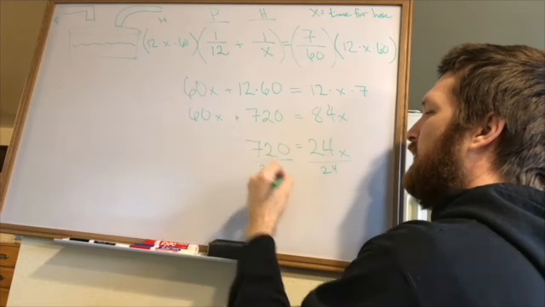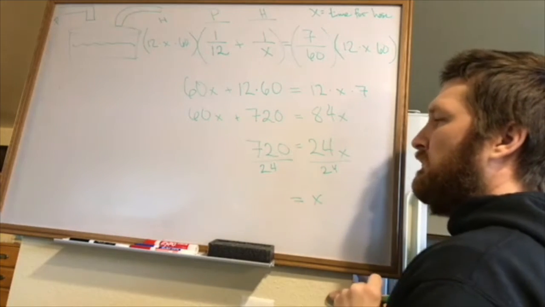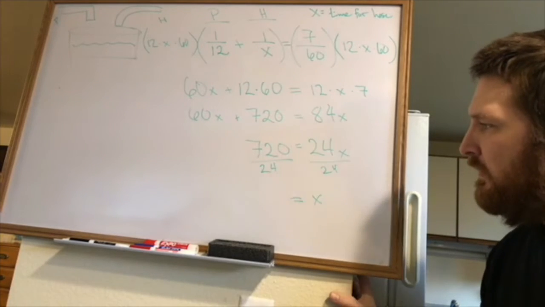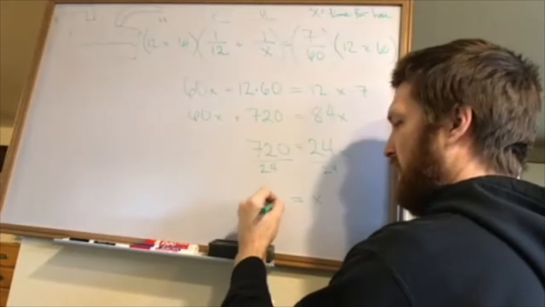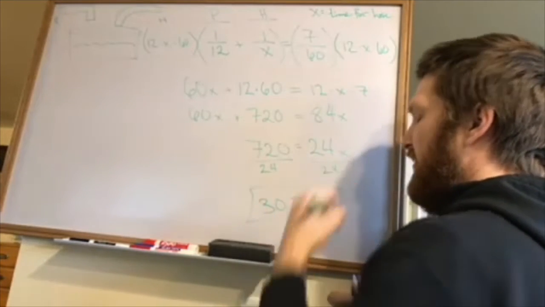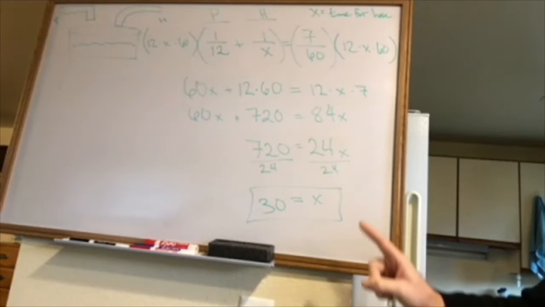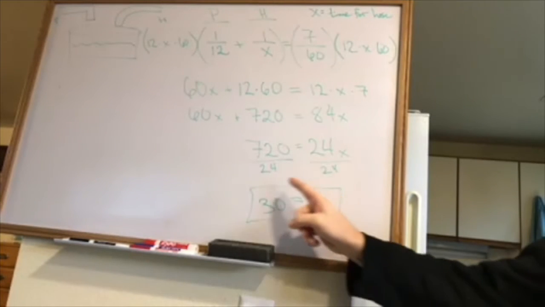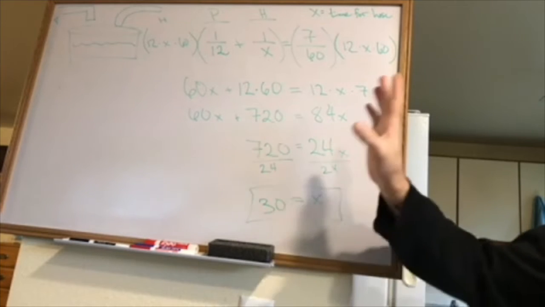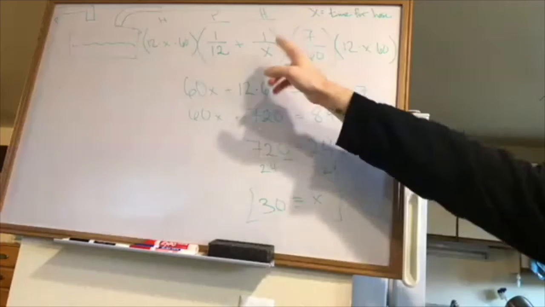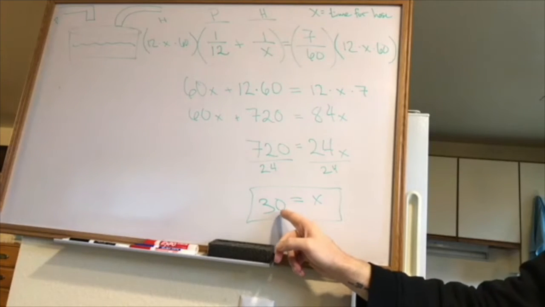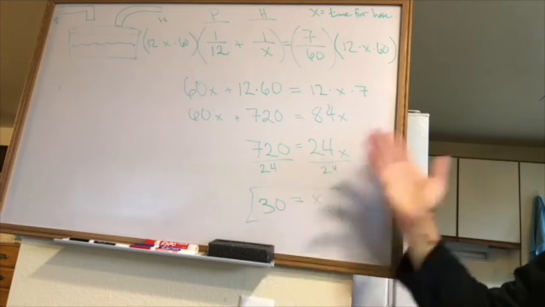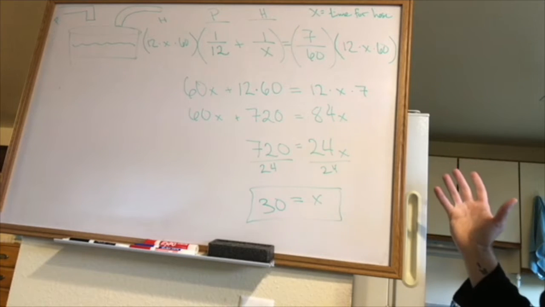And what do we get when we do that? 30. Nice. Okay, so let's stop and think if this makes sense. It says the hose by itself takes 30. I didn't write it down here. 30 what?